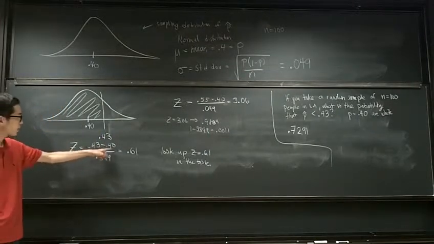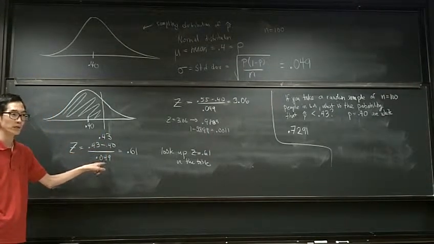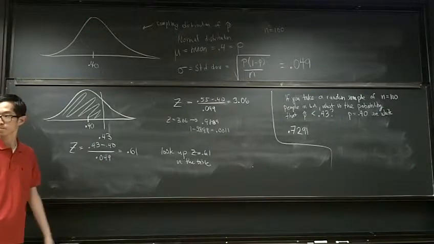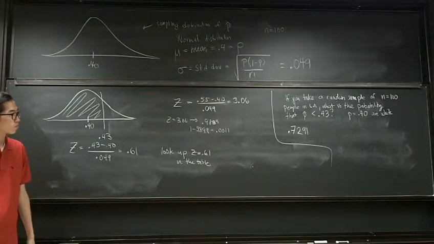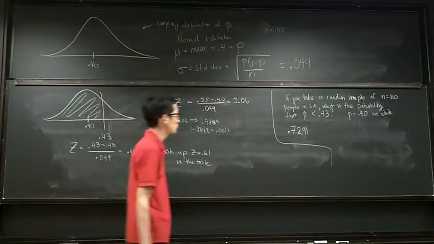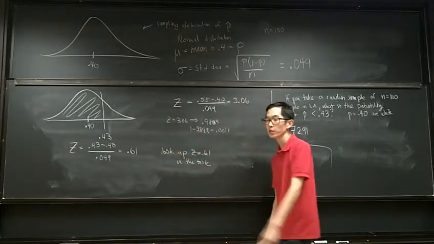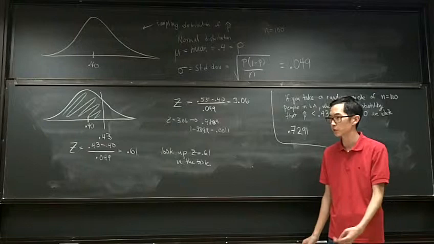Doing 0.43 minus 0.40 minus 0.049. How do we know to cut it off? Well, because when you look it up in the table it only goes out to 2 decimals.